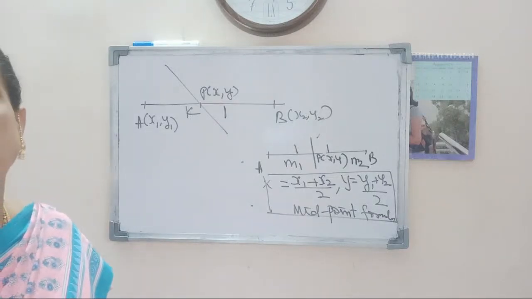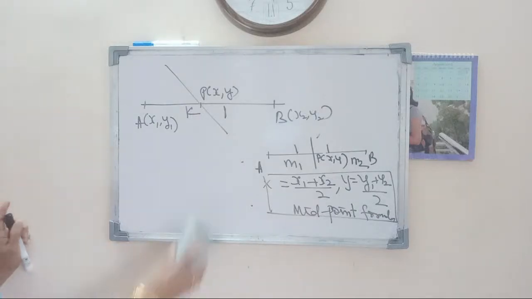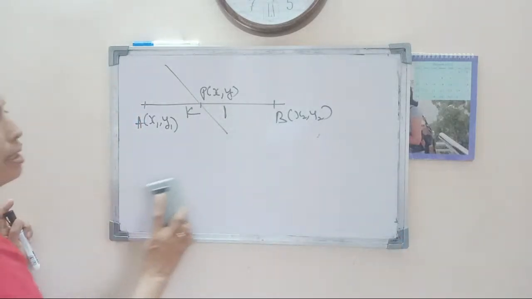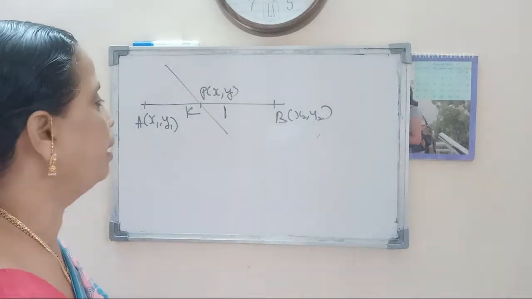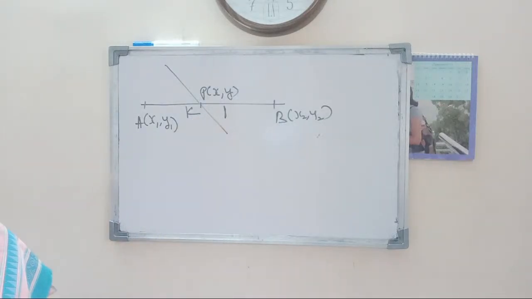Third case. Take the figure of this third case. Here point P x comma y divides AB in the ratio k:1. The ratio is not known.